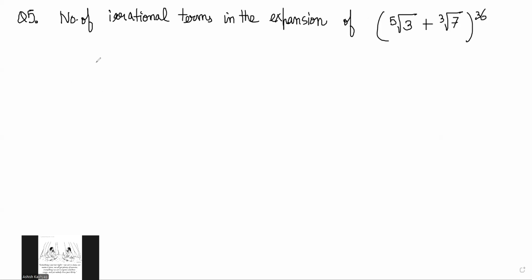So basically we have this series 3 power 1 by 5 plus 7 power 1 by 3 and whole raised to 36. And we have to find the number of irrational terms, right? So let's write a general term of this series.